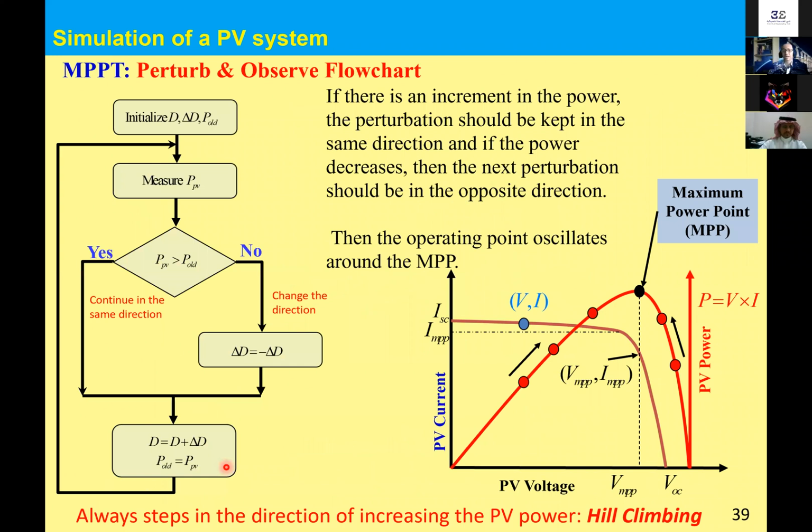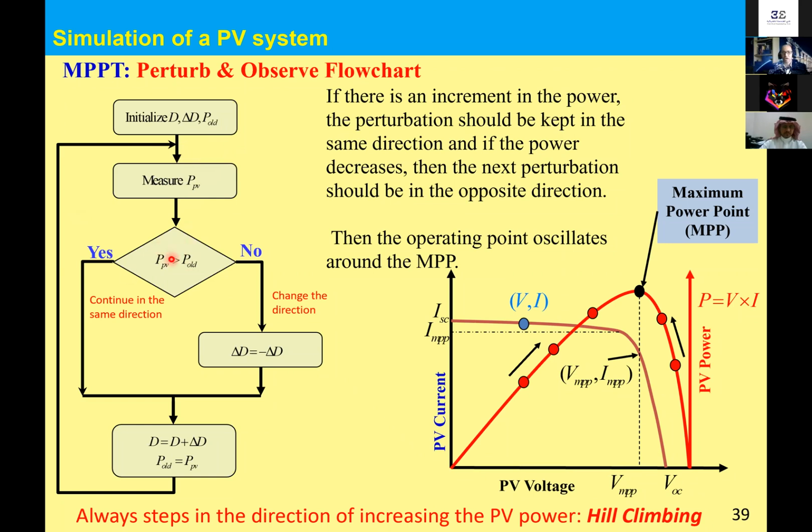It can be done by using this flow chart. We have to initialize our parameters. In our case, we'll use the duty cycle of the converter, or any other parameter, as a control variable. We have to store this value, and we also have to store the old value of the power. And we have to measure the actual value of the power and make a comparison.